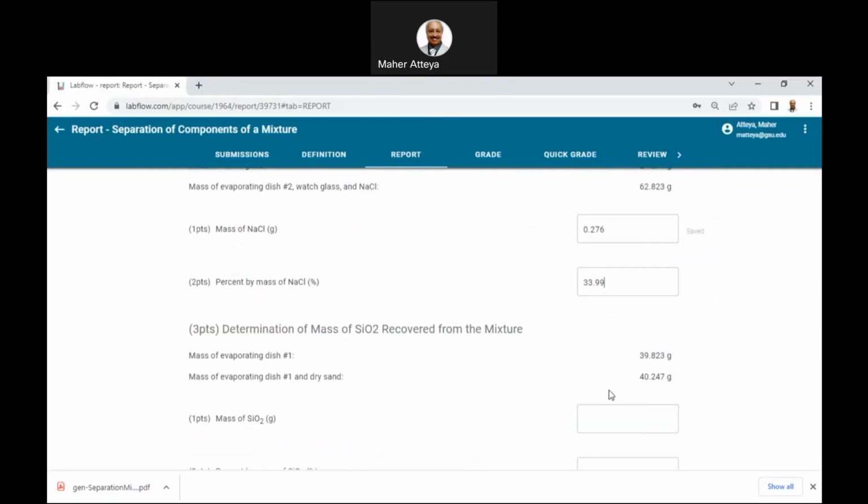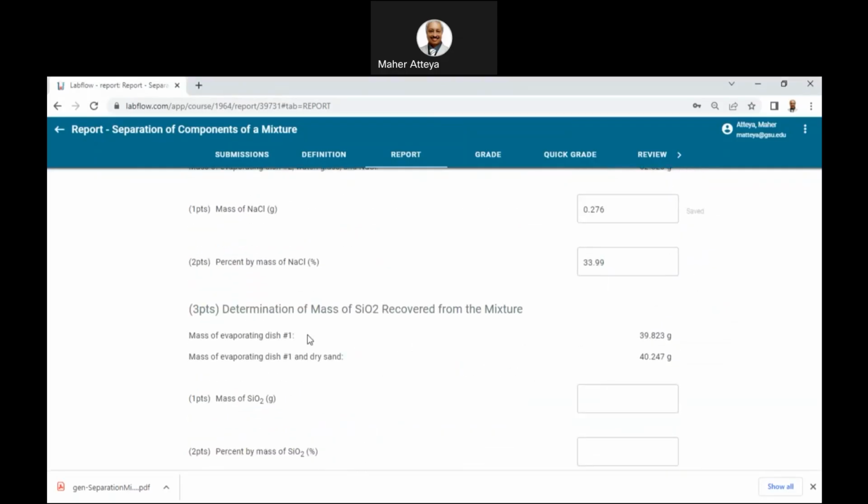So the mass of evaporating dish number one, mass of the dry sand is this.